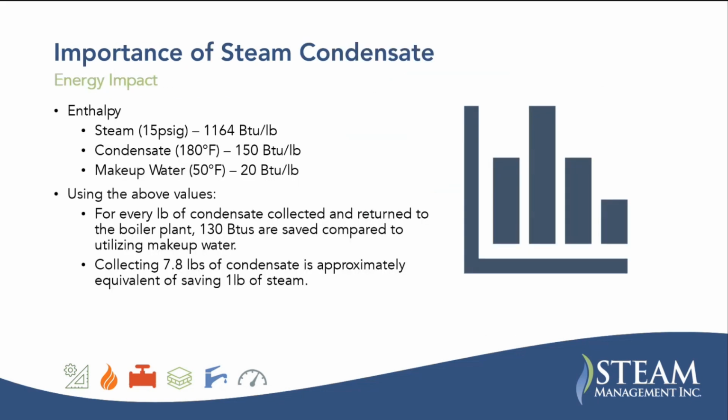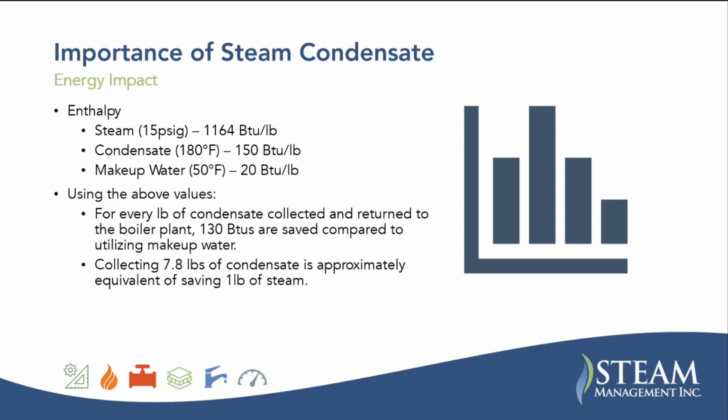So what's the energy impact? This 15-pound steam has an enthalpy of 1164 BTUs per pound. The condensate from that steam, assuming 180 degrees, which is a typical return temperature once you've dropped down to atmospheric, is about 150 BTUs per pound. The makeup water, assuming 50 degrees, is 20 BTUs per pound.